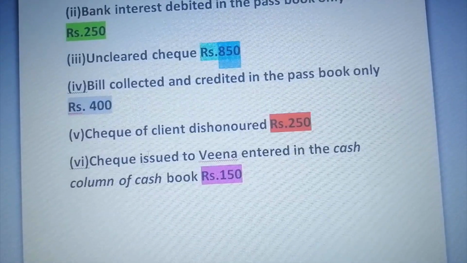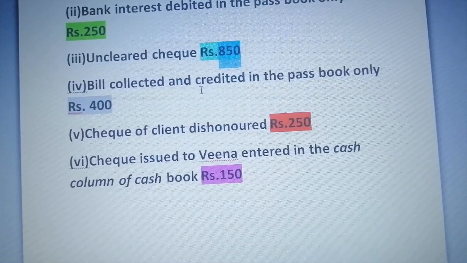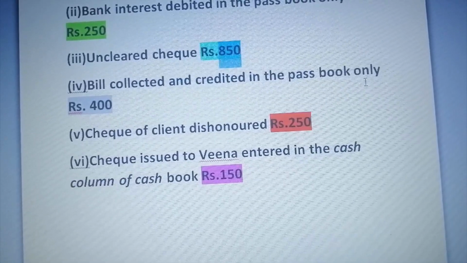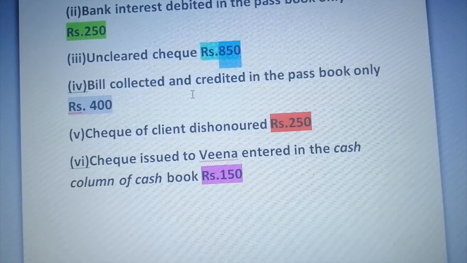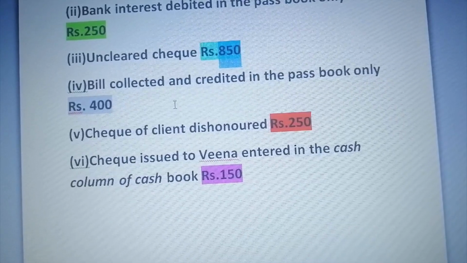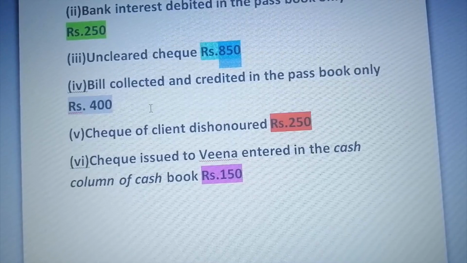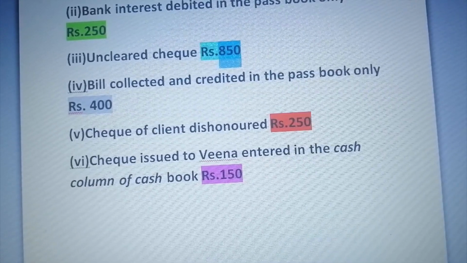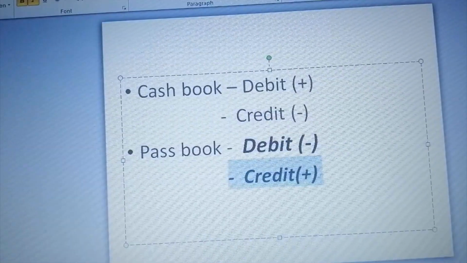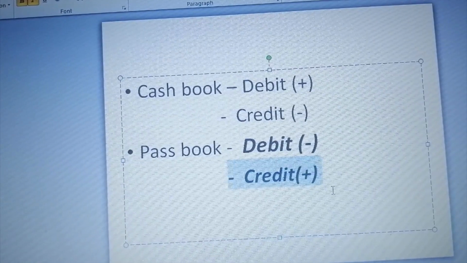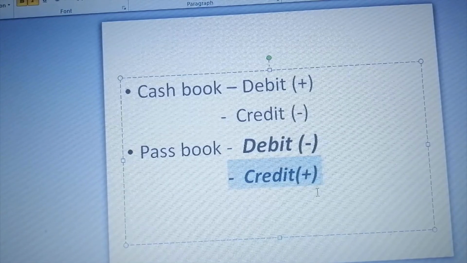Next one is fourth transaction. Bill collected and credited in the passbook only, 400 rupees. That means bill is collected and credited into his passbook account but not yet entered in the books of cash book. When an entry is entered on credit side of passbook, it is a sign of increased balance of passbook. Okay.